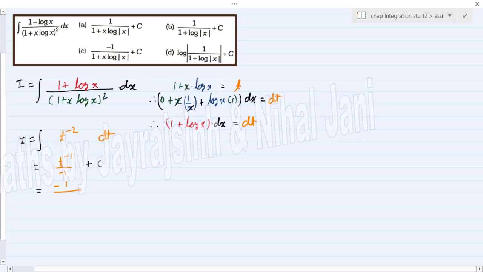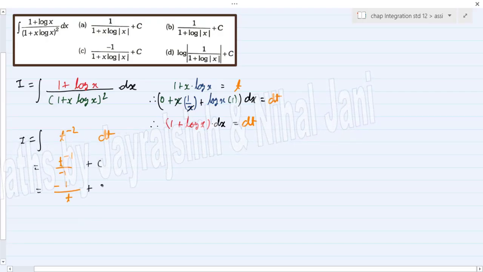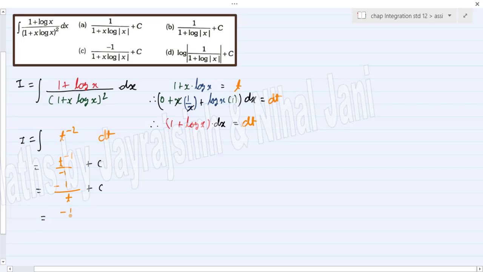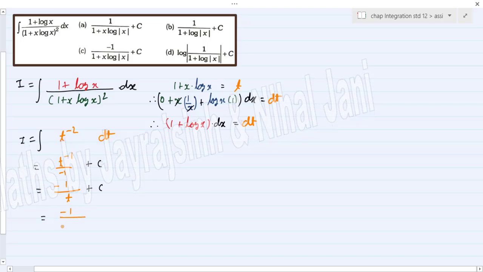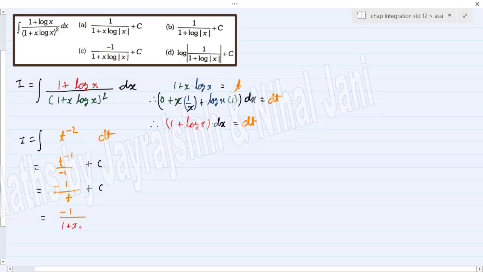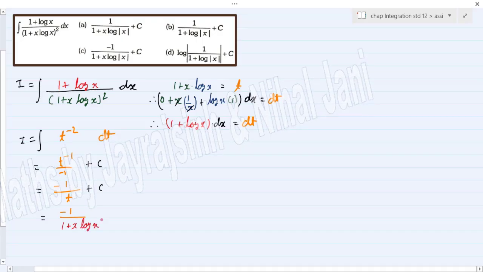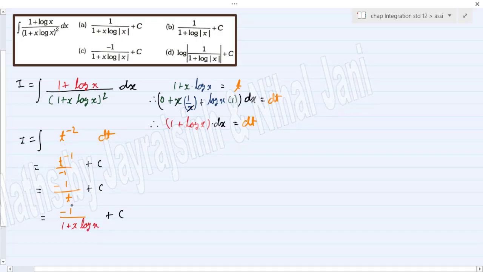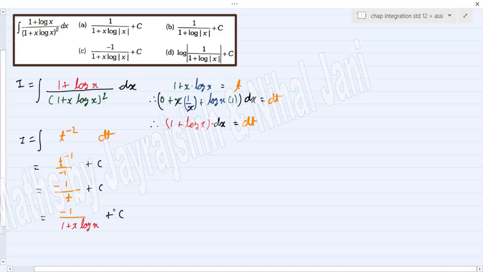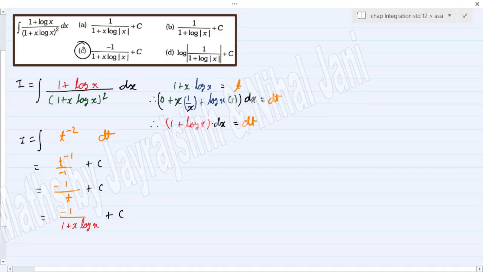We can rewrite as minus 1 upon t plus c. And to get the final answer, we just have to substitute the value of t, which is 1 plus x log x plus c. So we can say minus 1 upon 1 plus x log x plus c is your final answer, which is given in option C. Ta-da!